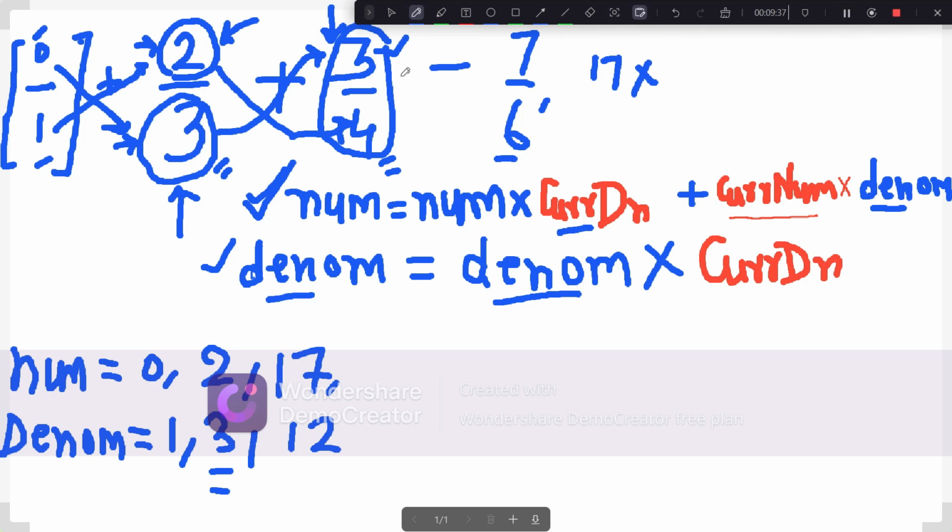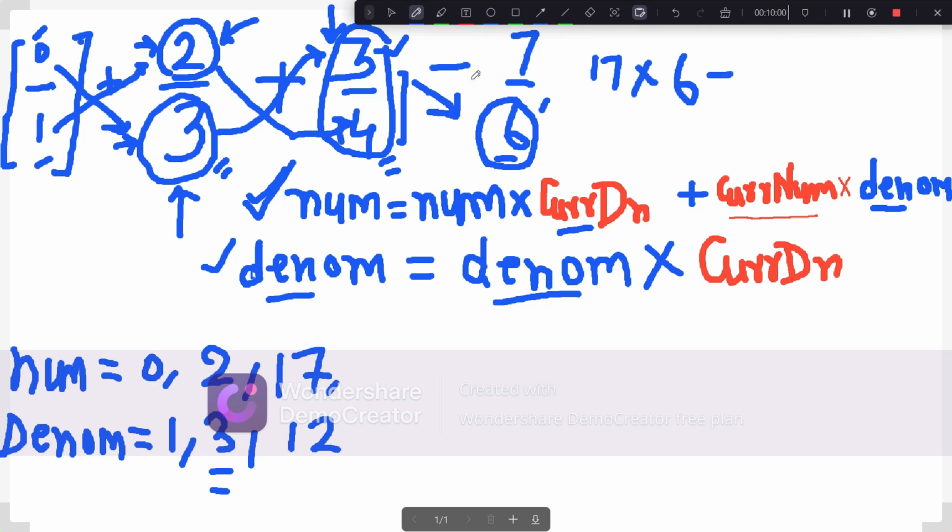Because we are here now, let me change the color of it. Then we will proceed. I had 17 into, what is the current value of the denominator? It is 7, right? We were here, so it is 6. So num into 6. So 17 into 6.